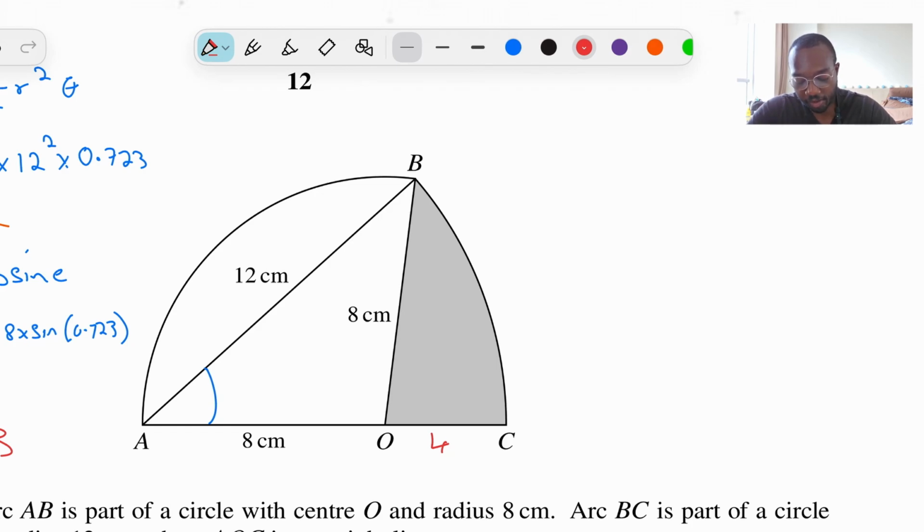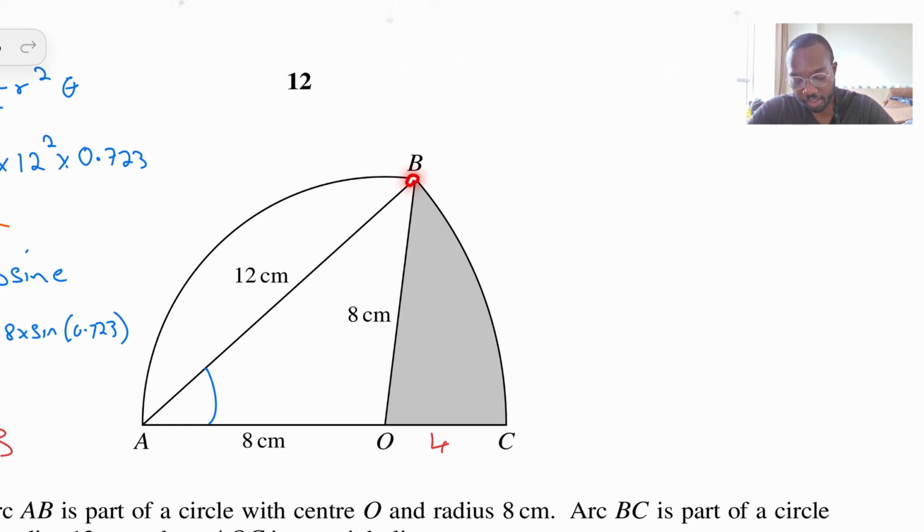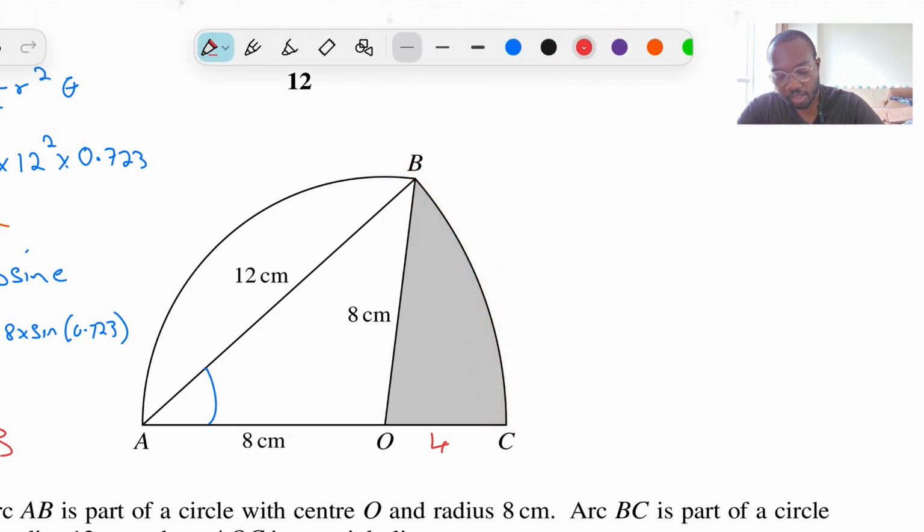Now we need to work out the length of this arc, and then we can just add up all those points. Well, we know the equation for the length of an arc. It's just going to be L is equal to r theta. In this case, that'll be L is equal to the radius, which is still going to be 12, times that theta, 0.723. You work that out to three significant figures, you get 8.67.